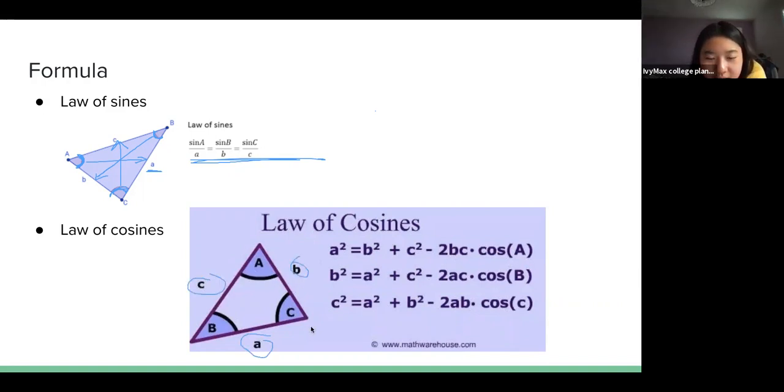You have three numbers. Plug them into your formula, and then you can find angle A, angle B, or angle C. If you want to find angle A, you need to use the first formula right here. If you want to find angle B, you need to use the second one. If you want to find angle C, you need to use the third formula.